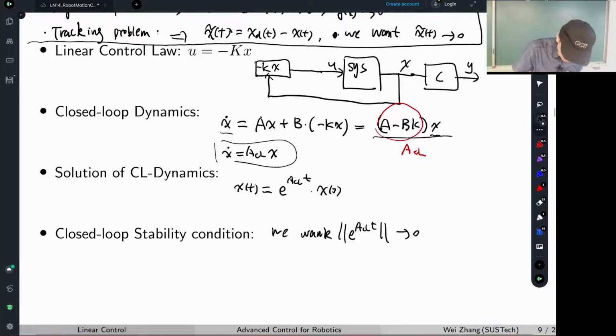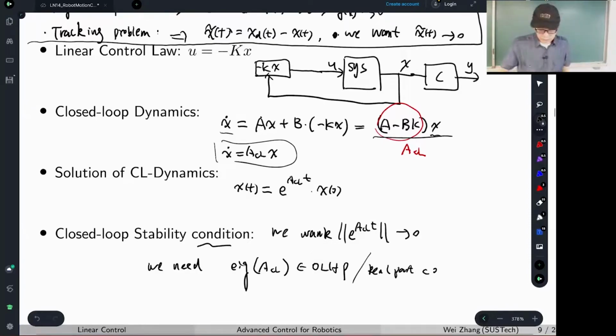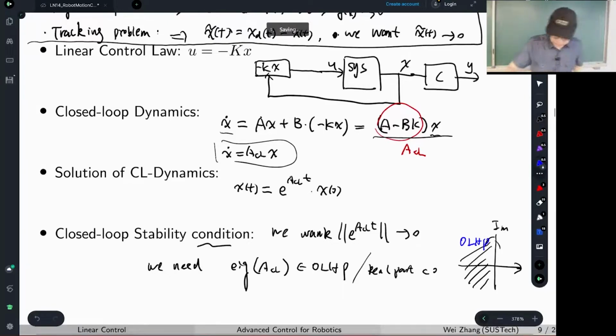So the condition is, we need the eigenvalues of this A closed loop to belong to the open left half plane. That means real part less than 0, right? So it's here, the domain, this is the imaginary axis. That's open left half plane in a complex plane.